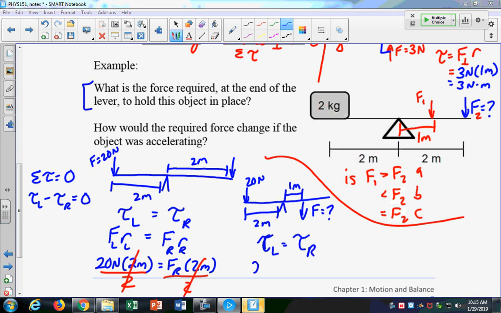That is 20 newtons times 2 meters, because you know, torque is F perpendicular times r, and in this case, the forces are perpendicular. That is equal to FL, the force I'm looking for, times 1 meter. So that means FL has to be 40 newtons.